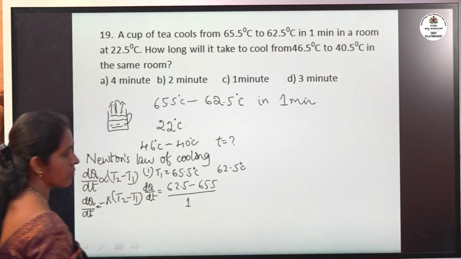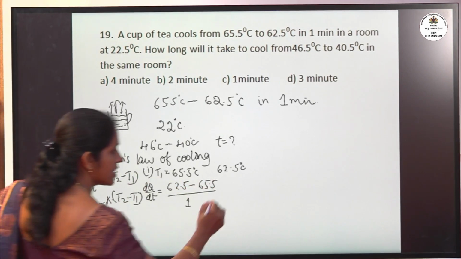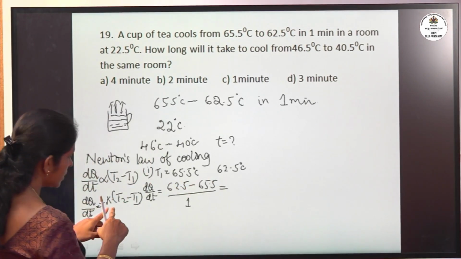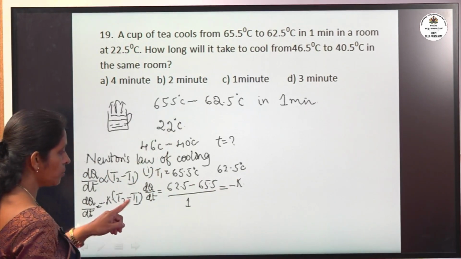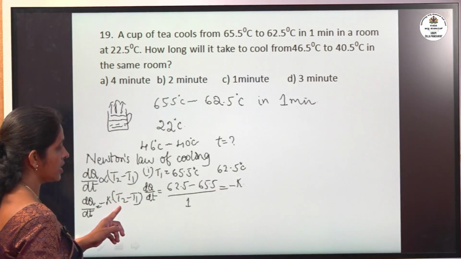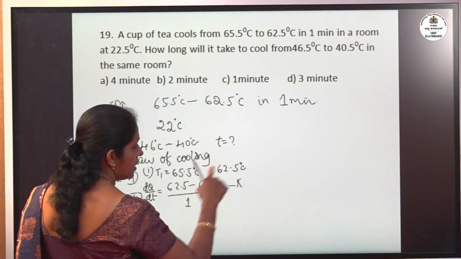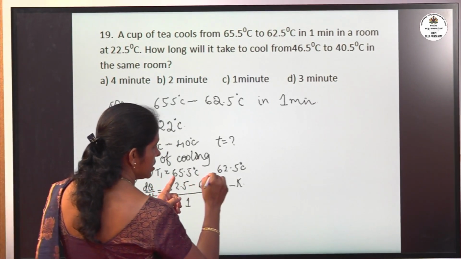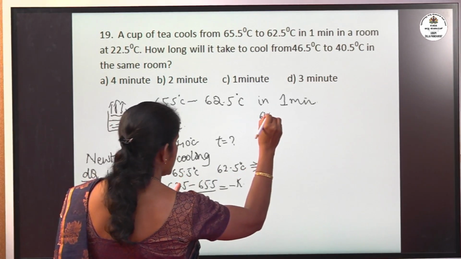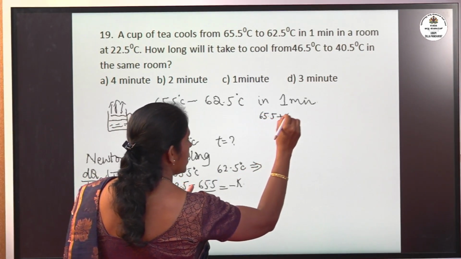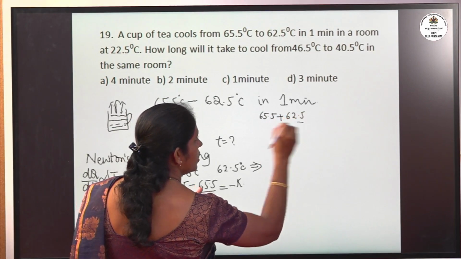Time taken is 1 minute. This is equal to minus k (T2 minus T1). T2 is the temperature of the system. Since there are two different temperatures, take the average. Average temperature is (65.5 plus 62.5) divided by 2.